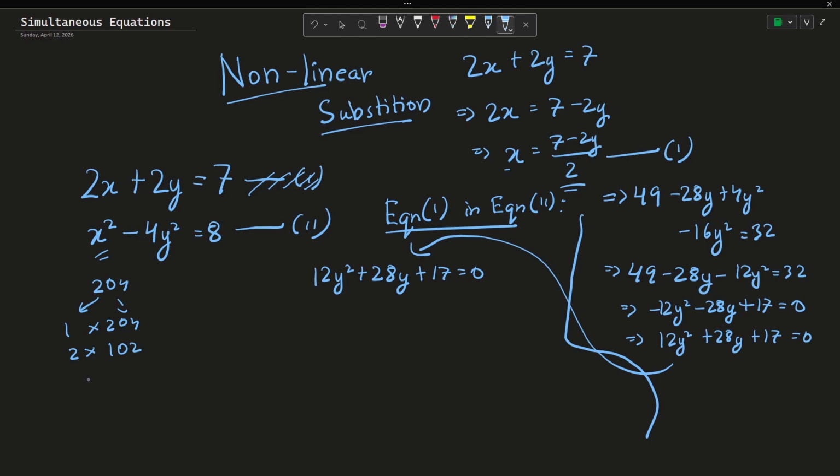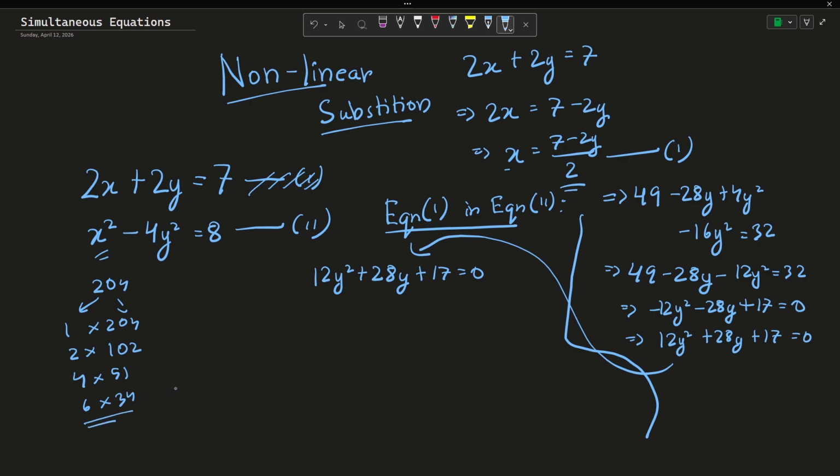Is it divisible by 4? It is 4 times 51. No, I don't think it's divisible by 5. I think it's divisible by 6. 6 times 34. And oh wait, I think we got it.